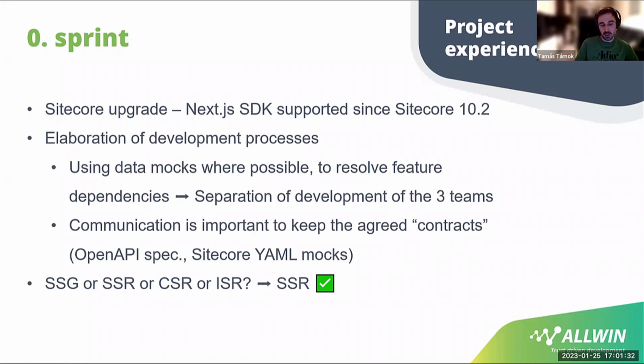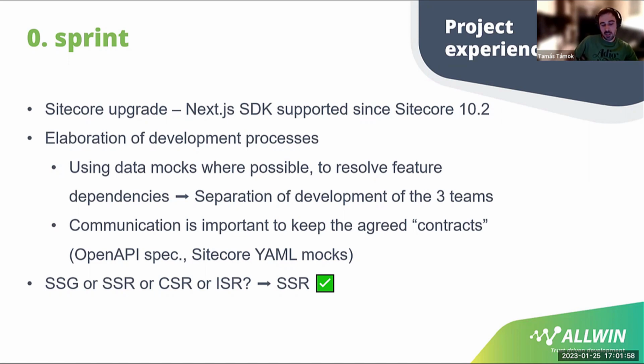For example, for an API, we use the Open API specification, and for Sitecore templates, components and pages, we use the Sitecore YAML mocks. And we, as Sitecore developers, worked first. We worked on Sitecore and put together the templates and pages and renderings and everything.